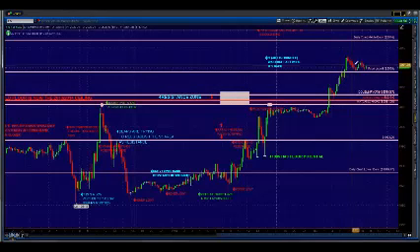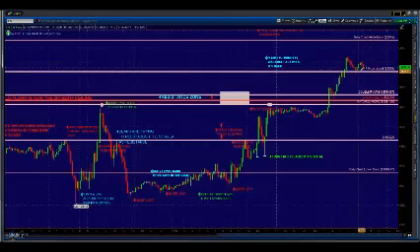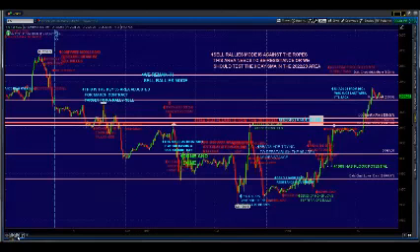And what we're doing now is we are dealing with the 2028 area, and that is trying to go support. 2028 is trying to become a floor. Now, what is 2028? 2028 is the 35 area adjusted for the March contract. Okay? 35 was where the Bears dropped the ball, they lost it, they tried to get it back.